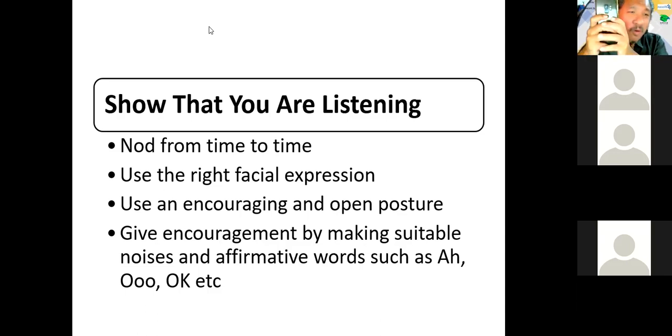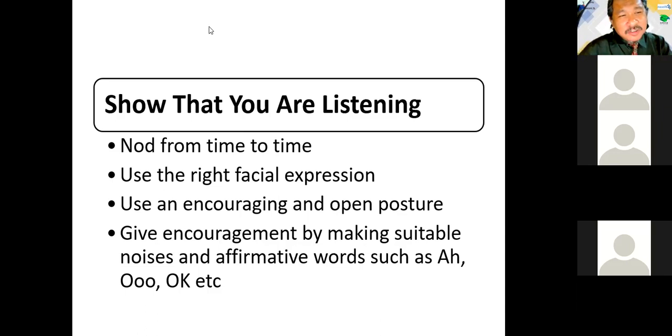Because we do a lot more communication over the handphone, using WhatsApp. We use IG, we use Telegram, we use Facebook. So we write. Sometimes today we don't even write.